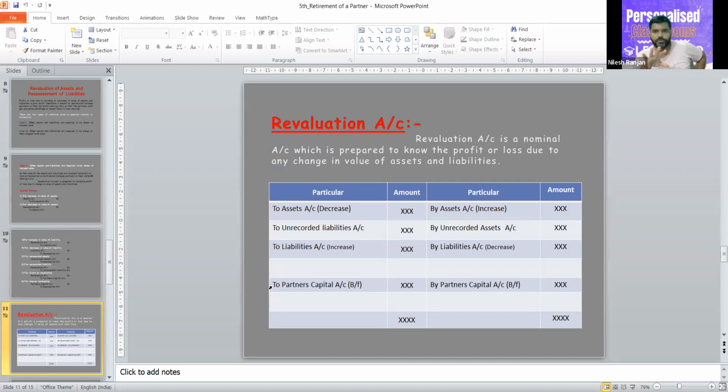The format is the same. There is no change in the format. The revaluation account is a nominal account. And what is the rule related to a nominal account?